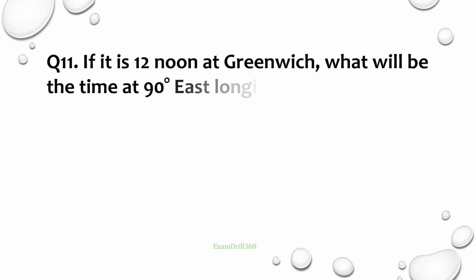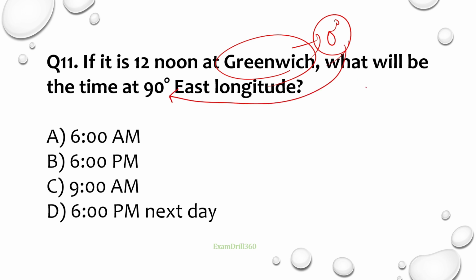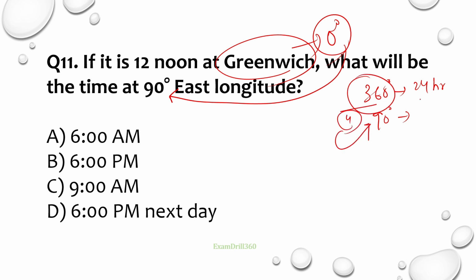Question number 11. If it is 12 noon at Greenwich, what will be the time at 90 degrees east longitude? It is the same question: Greenwich Mean Time is which degree? 0 degree. What is the degree gap? 90 degrees. We know Earth rotates 360 degrees in 24 hours. Then how much time will it take to rotate 90 degrees? 360 degrees divided by 4 becomes 90 degrees.